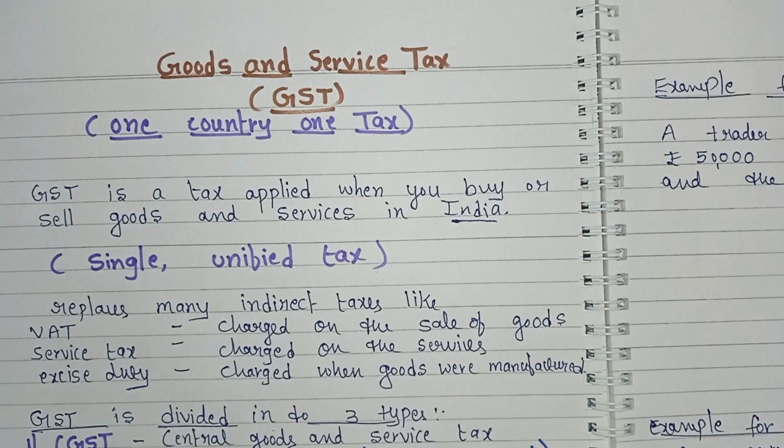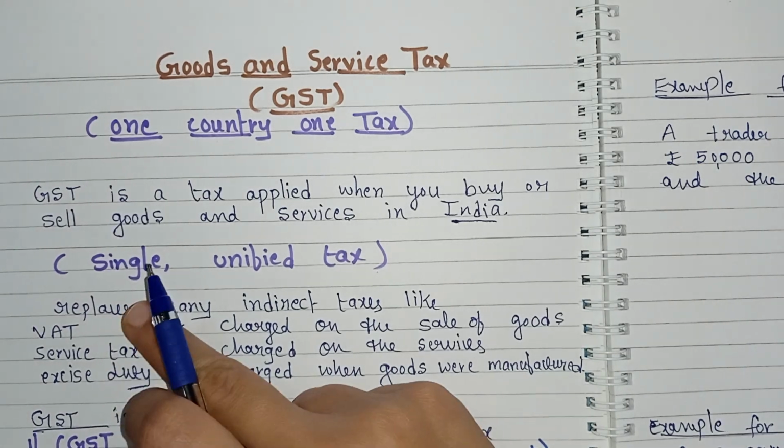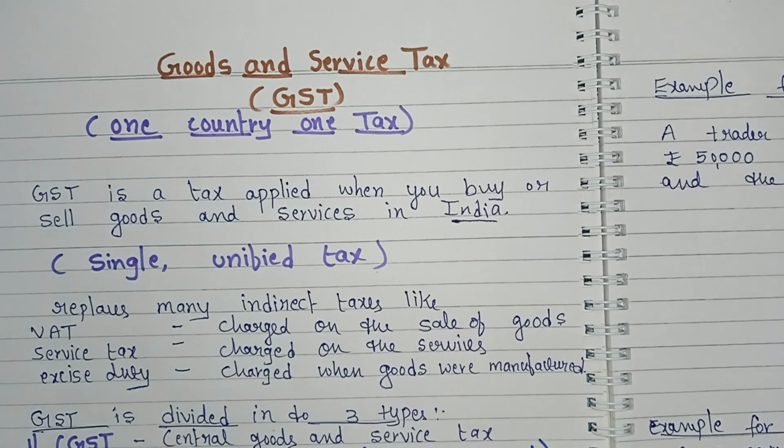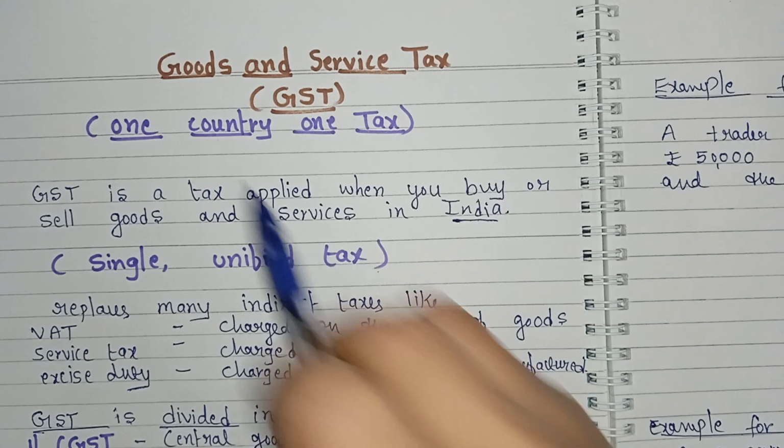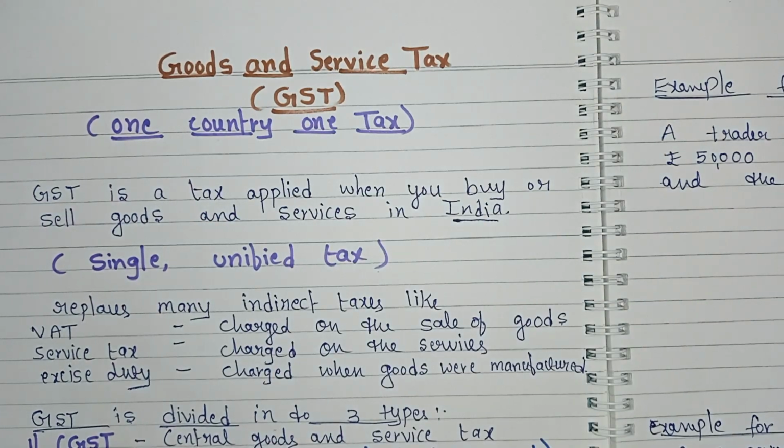You no longer need to pay separate taxes like VAT, service tax and excise duty. All these are combined into a single tax system called Goods and Service Tax.